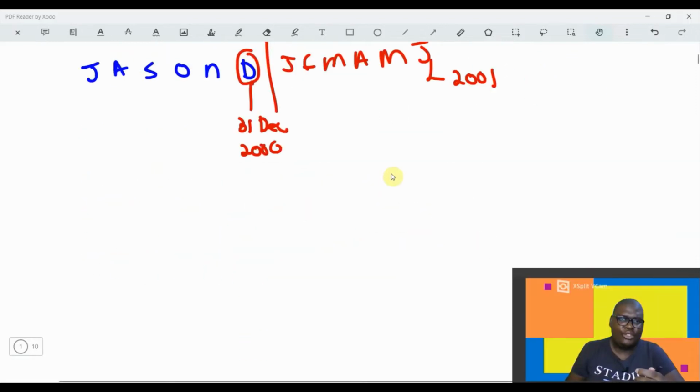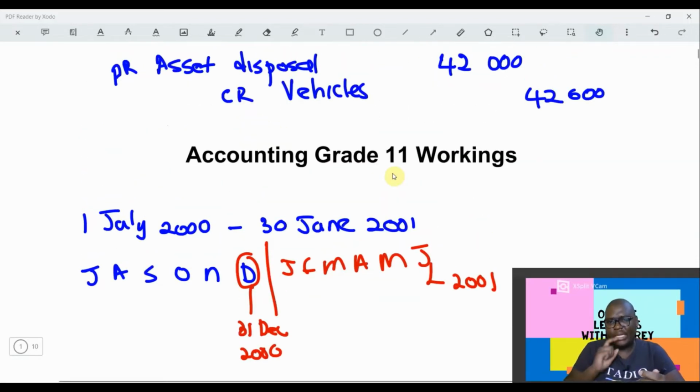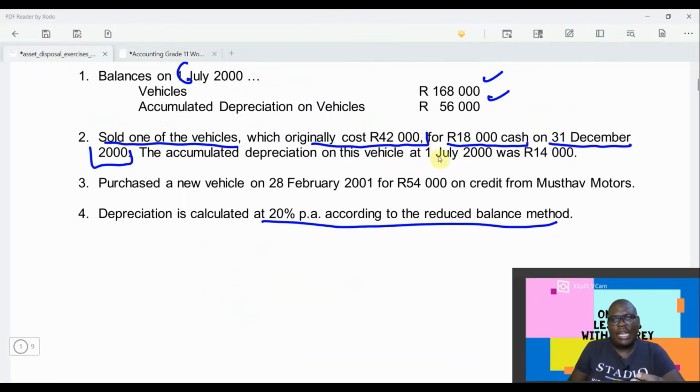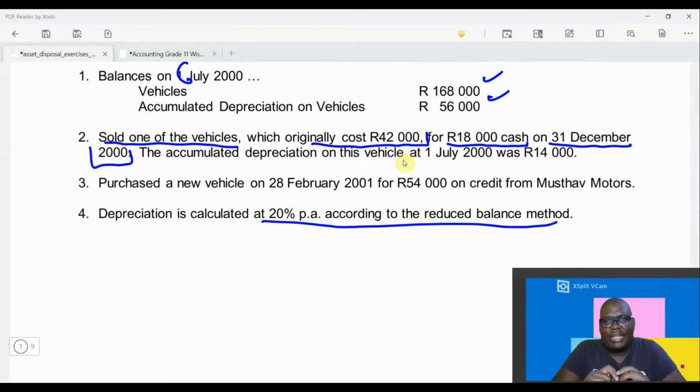So what are we going to do? We're going to try and calculate the depreciation of the sold vehicle first. Okay, so we're going to check here and check what was the accumulated depreciation of that particular vehicle that was sold.